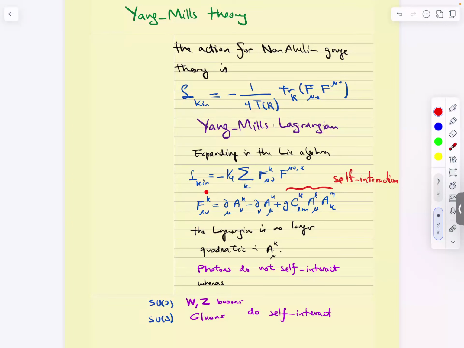Now, F mu nu of K is del mu of A nu minus del nu of A mu plus this term. This is what I called F earlier. This is self-interaction. Why is it that the last term is sometimes written like this? Just the commutator.